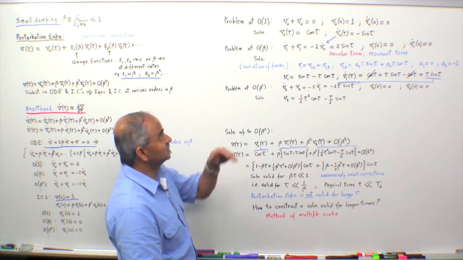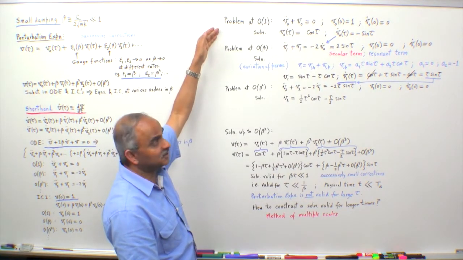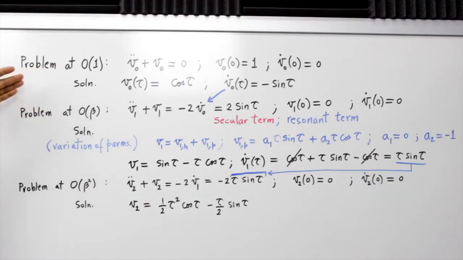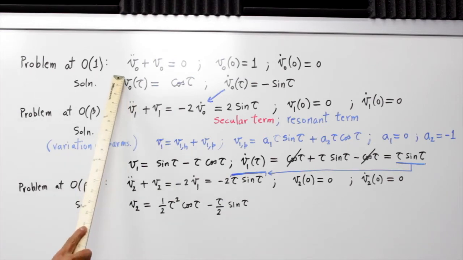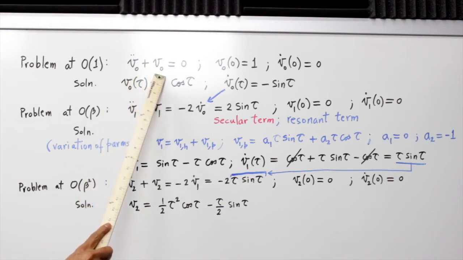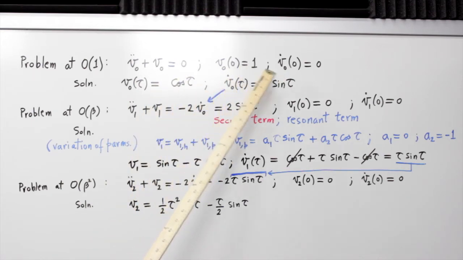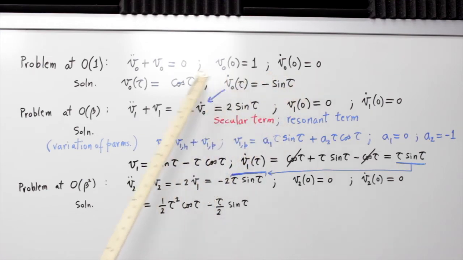Okay, so let's solve the equations that we encounter at various orders. So at the leading order, at order 1, we have this differential equation, which is the spring mass oscillation differential equation with no damping, with these initial conditions that displacement is 1 and the initial velocity is 0. And so that's a problem which we can easily solve.